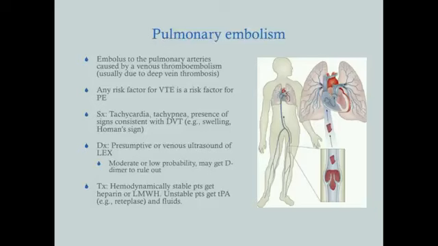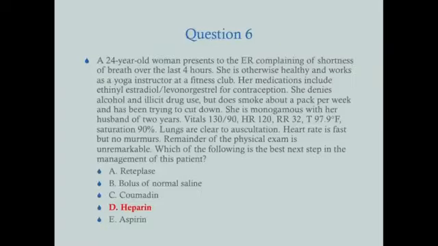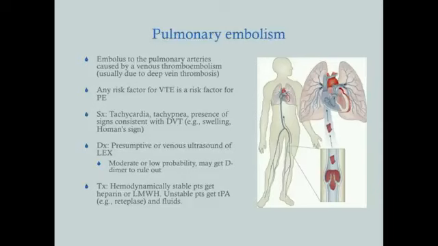So pulmonary embolism, we already kind of talked about what that is. Any risk factor for venous thromboembolism is a risk factor for pulmonary embolism. Anything that can cause DVT can cause PE, because PE typically comes from DVT. The symptoms can include tachycardia, which we saw in this patient, 120. Tachypnea, which we did see in this patient.